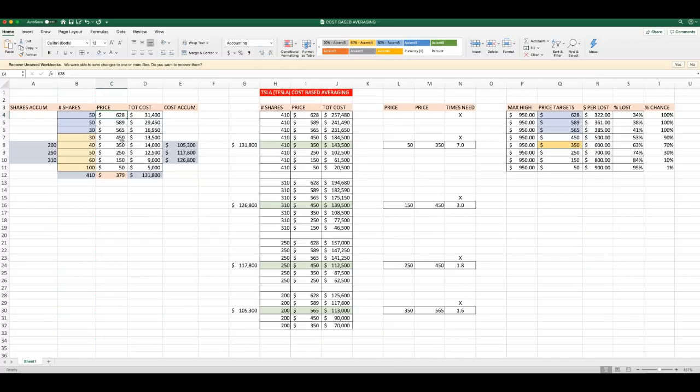And if it drops lower, then I start cost-based averaging lower regardless. So either way, I'm going to cost-based average. The question is, do I want to do it with the current position that I have running? And figure out how do I want to do that specifically.